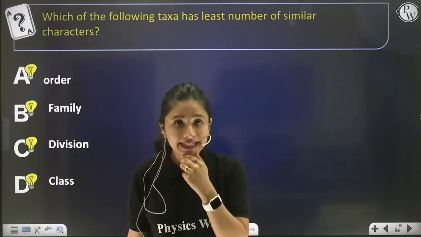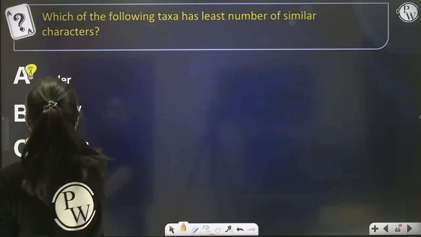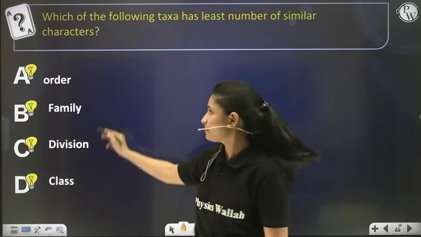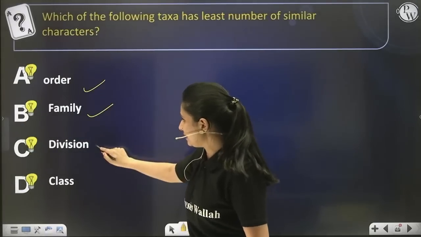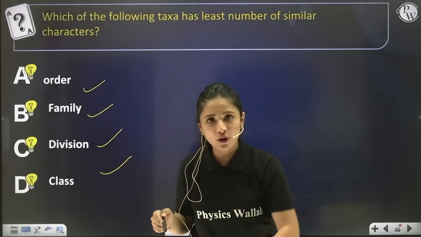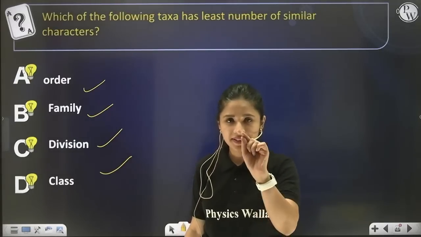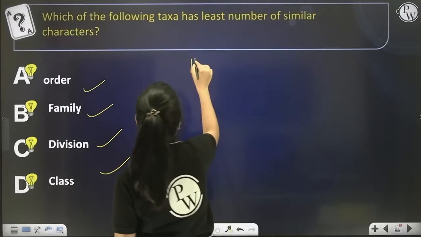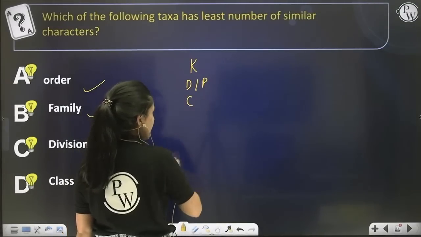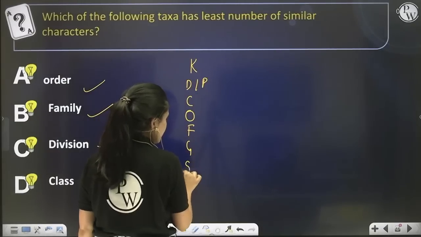Thus, for the least similarity, the category is going to be kingdom. Here you have 4 different options: order, family, division, and class. Let's write all the 7 obligate categories to solve this question: kingdom, phylum or division, class, order, family, genus, species.